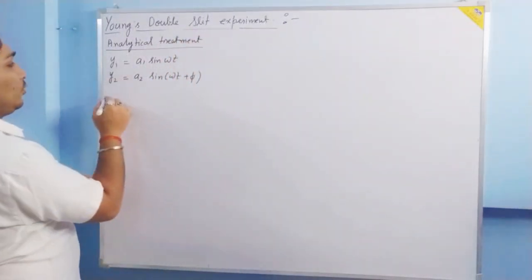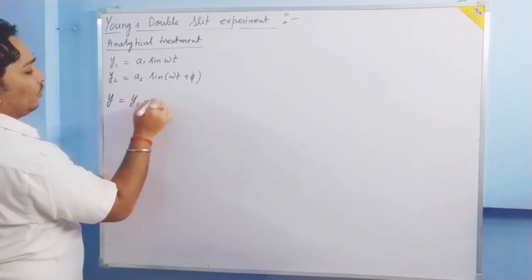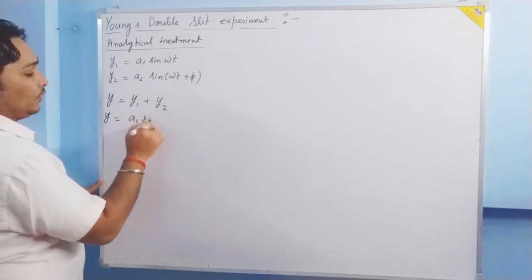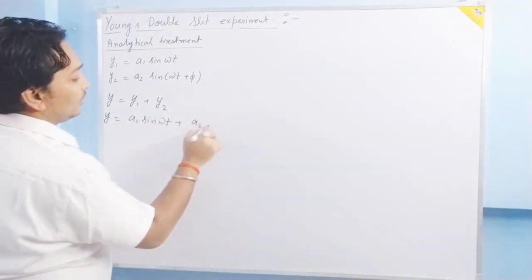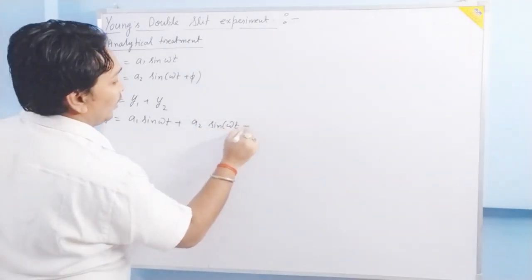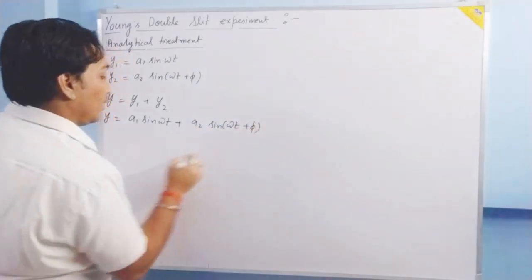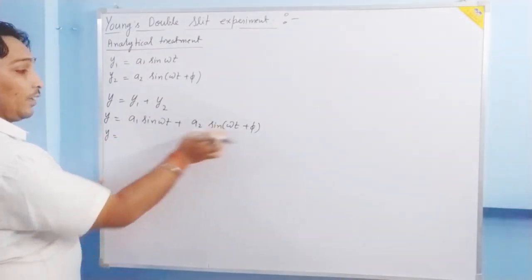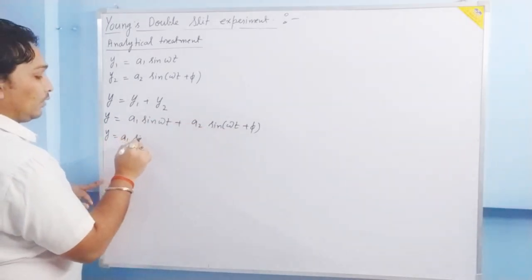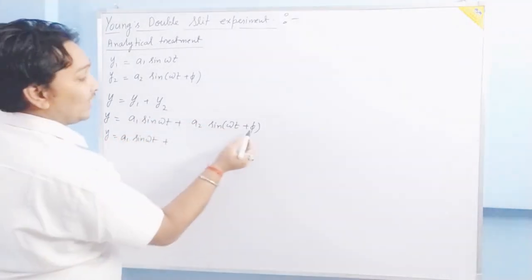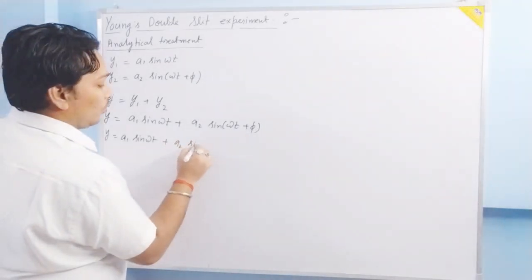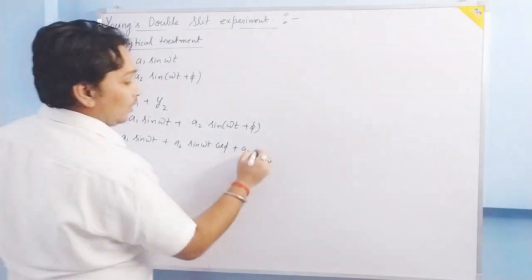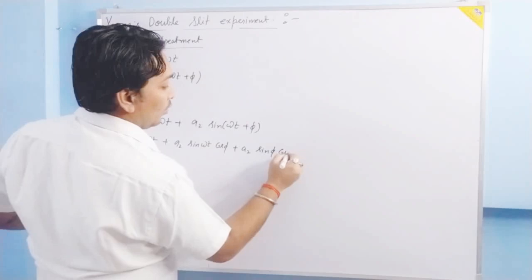according to the principle of superposition, when these two waves are added, we are going to have y1 plus y2. So y1 is going to be a1 sin omega t, and y2 is a2 sin omega t plus phi. Now just see, if we expand this one, a2 sin omega t plus phi, with the formula sin a plus b, we are going to have a2 sin omega t cos phi plus a2 sin phi cos omega t.